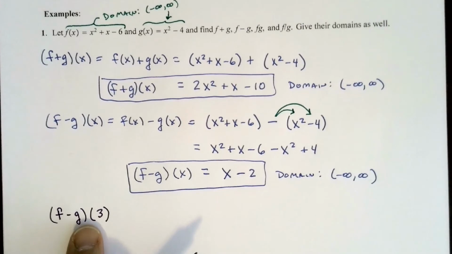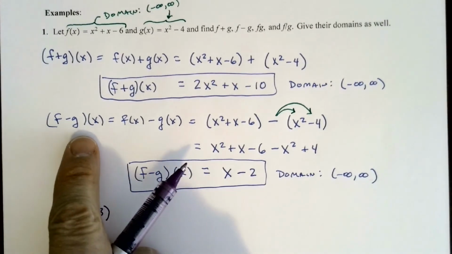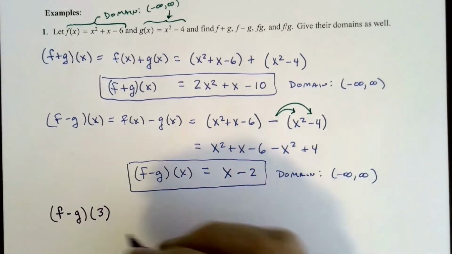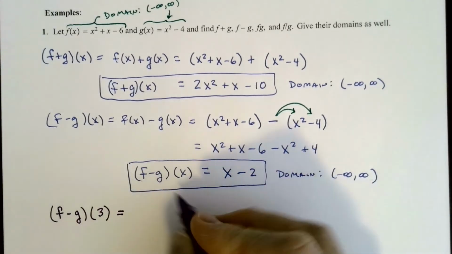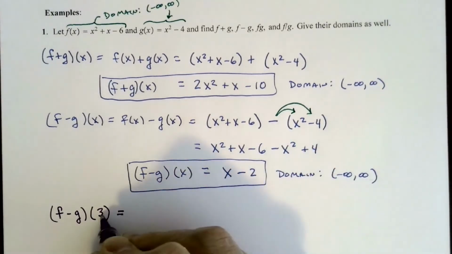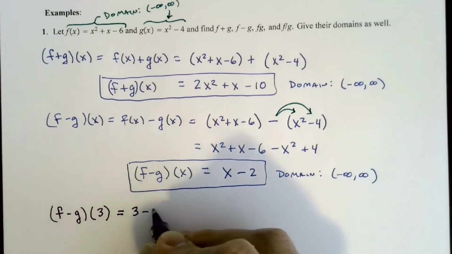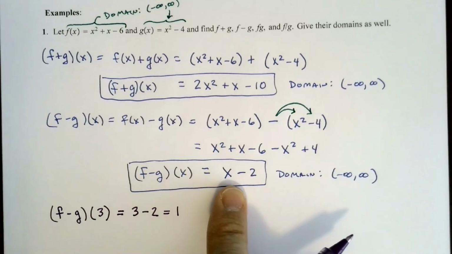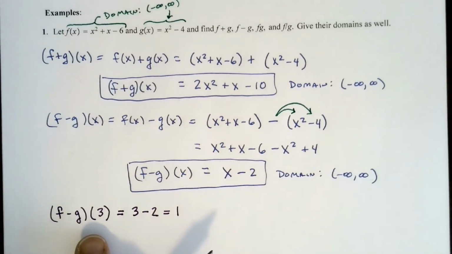Well, you know, obviously we just found a rule for f minus g, right? So I can now use this rule and plug in directly, right? So what do I do for the function? Wherever I see an x, I'm going to replace it with 3. And very easily, 3 minus 2 is equal to 1. So now we did the work, and we've got this rule, if you will, for this function, how to determine the output to this function, and we can use it.